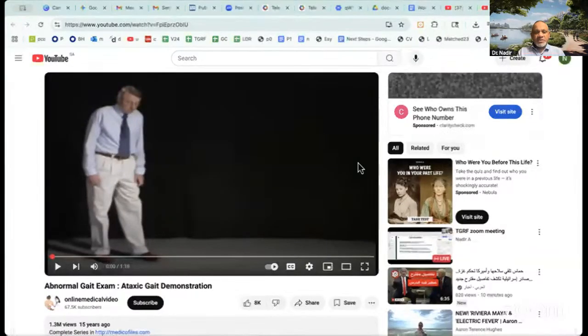So basically, this type of gait, ataxic gait, is when you have a problem with controlling the movement of the body.